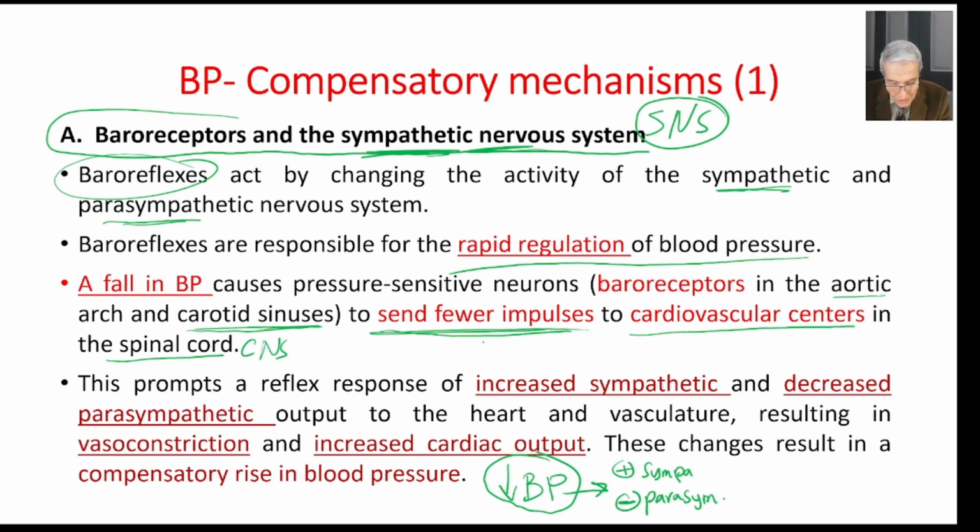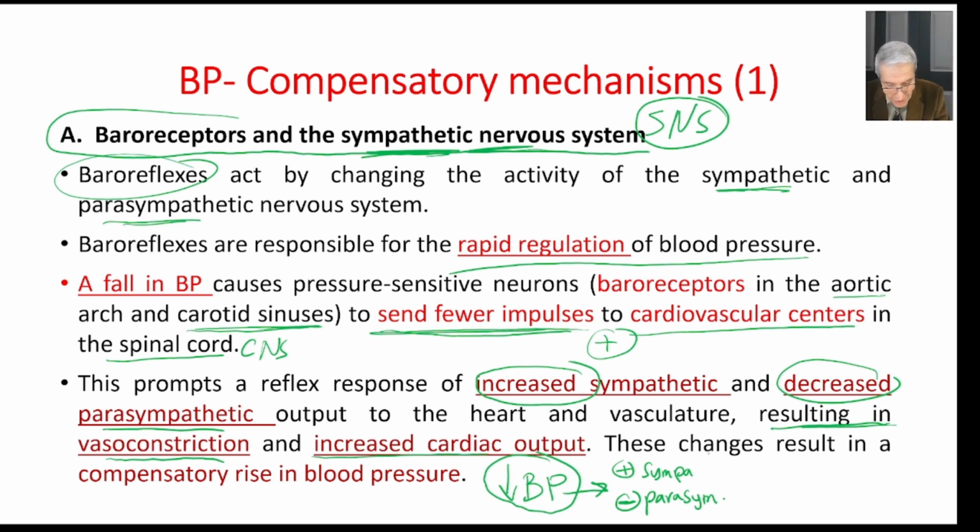This impulse stimulates the cardiovascular center, and the result will be increased sympathetic output and decreased parasympathetic output. So this is an important concept for the baroreceptors. Decreased blood pressure will activate the sympathetic system and inhibit the parasympathetic system. So the end result will be vasoconstriction and increased cardiac output.